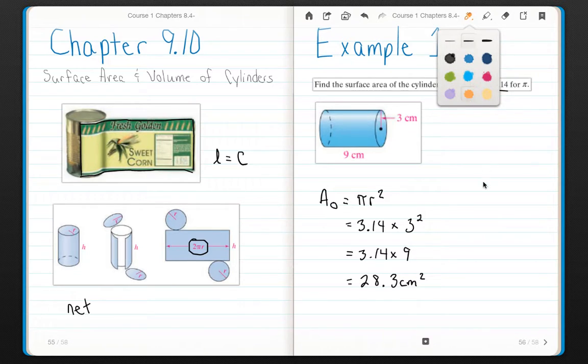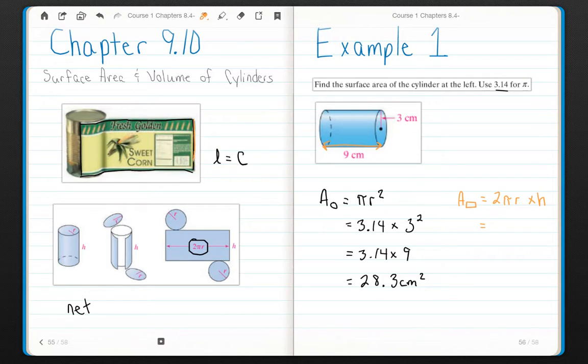Now, the area of the rectangle is equal to the base times the height, but in this case, the base or the length is 2 pi r. So 2 times pi times r times the height. So the height is the distance between the 2 circles, between the top and the bottom.